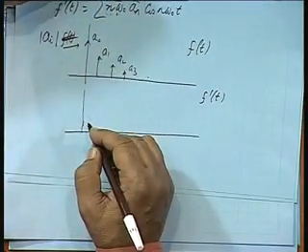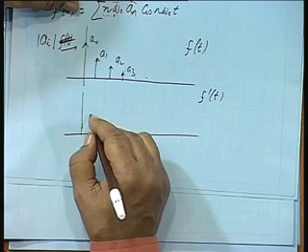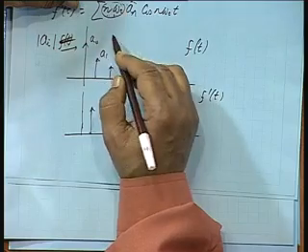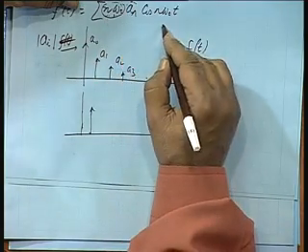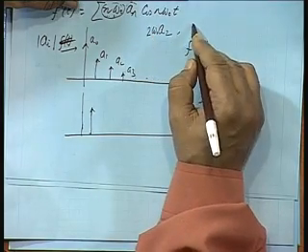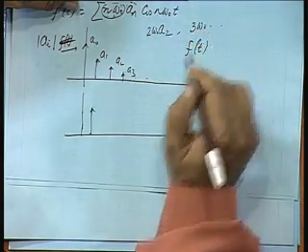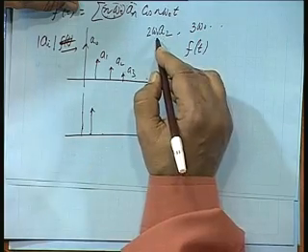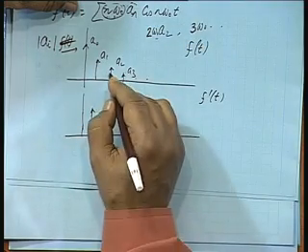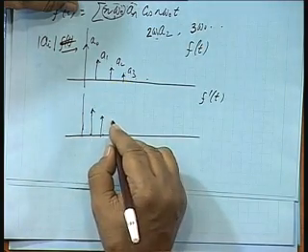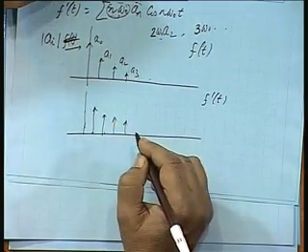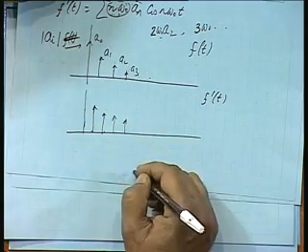Then for f dash t, the same coefficients, a0 may not be present, in this case it will not be present, a1 gets multiplied by n is 1, then a2 will get multiplied by 2 times omega naught, a3 will be multiplied by 3 times omega naught and so on. So, depending on the value of omega naught, they are multiplied by the harmonic number. So, these gain importance.